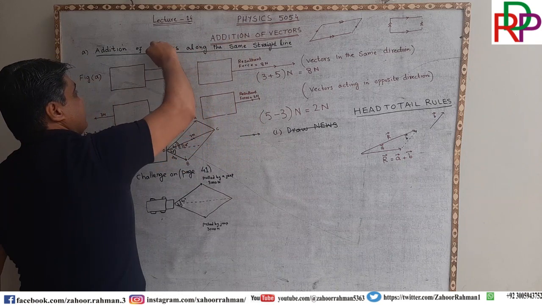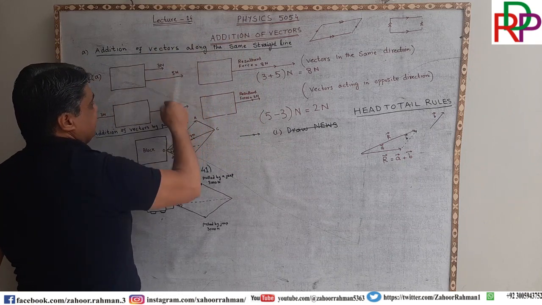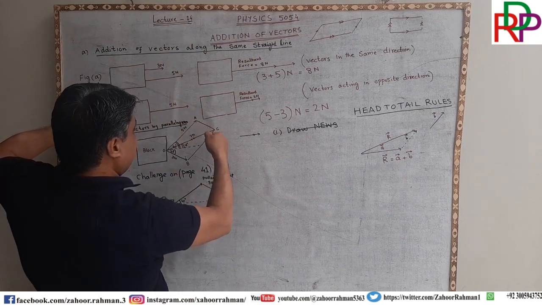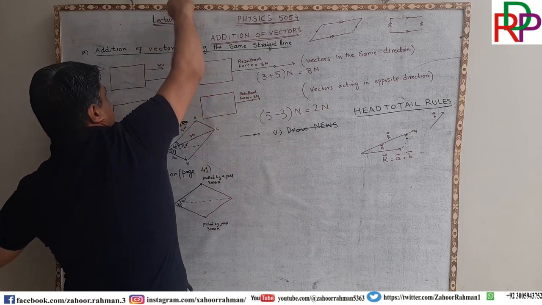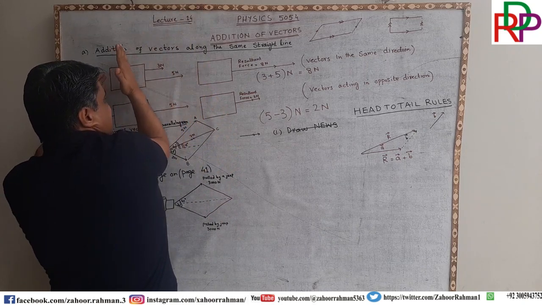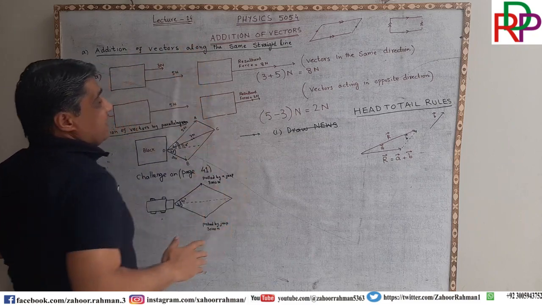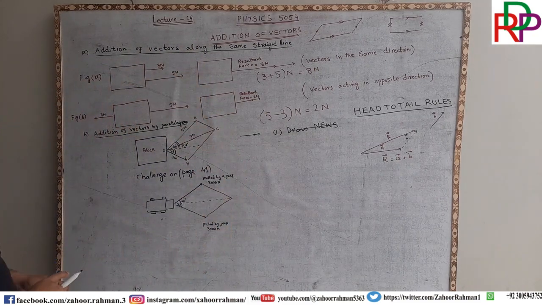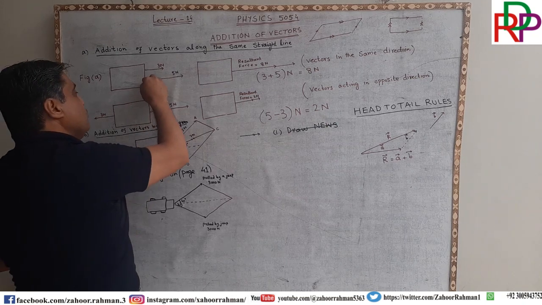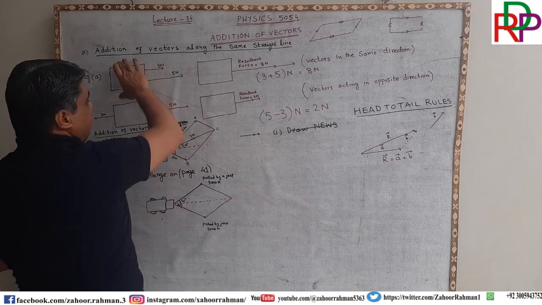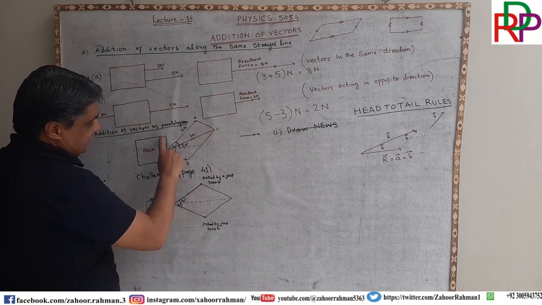But if this is in this line and this is in this, somebody is dragging it here and somebody is dragging it here, then it will move towards the right side. With which force? It is not like that it will move like this. It will move just like in this case.